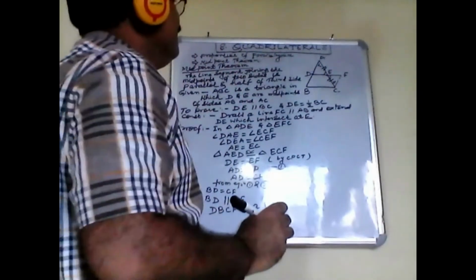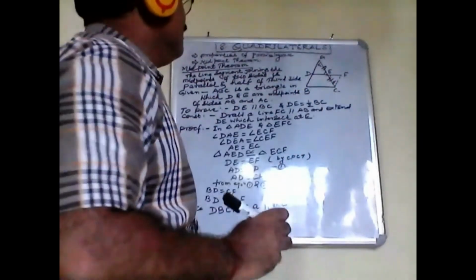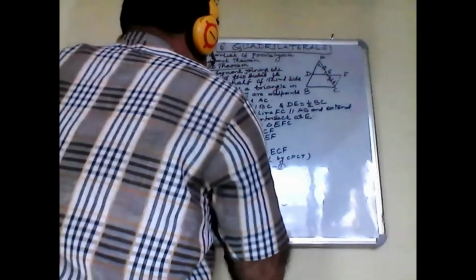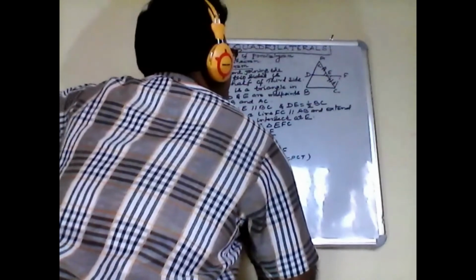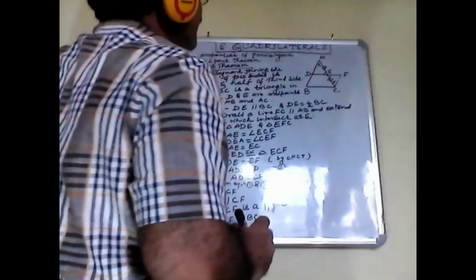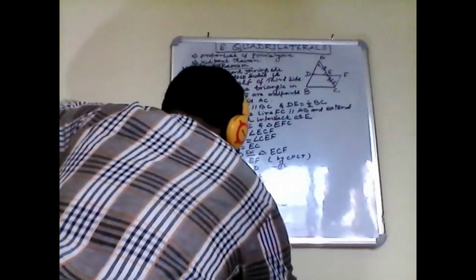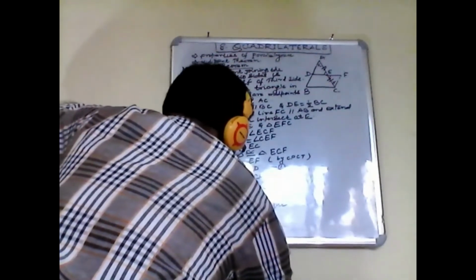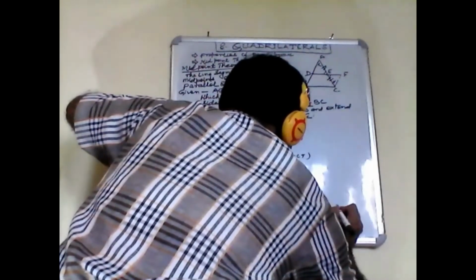If it is a parallelogram, on such conditions this DF will be equal to BC. So DF is equal to BC, dividing by 2 on both sides, so half DF is equal to half BC. So I can write half DF, that will be DE, is equal to half BC.